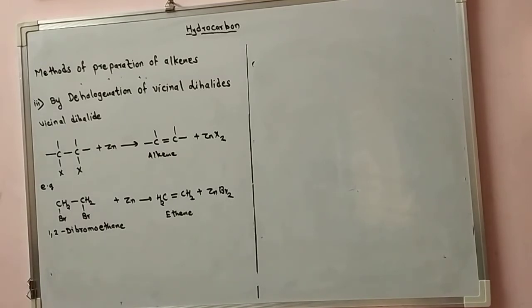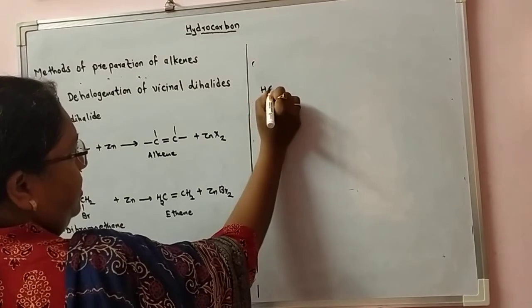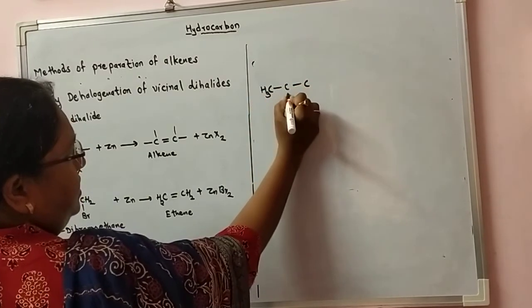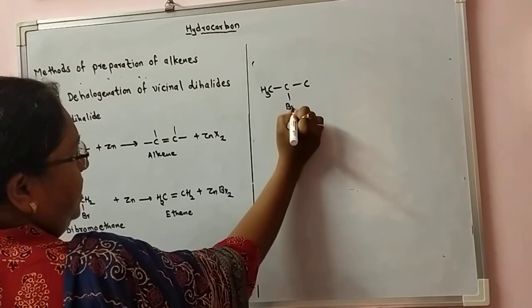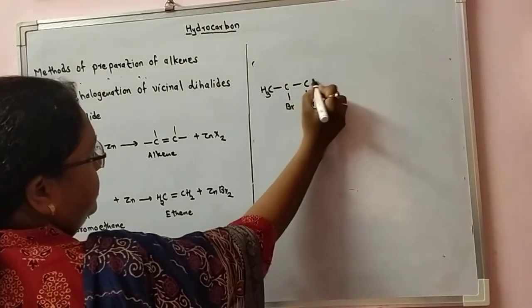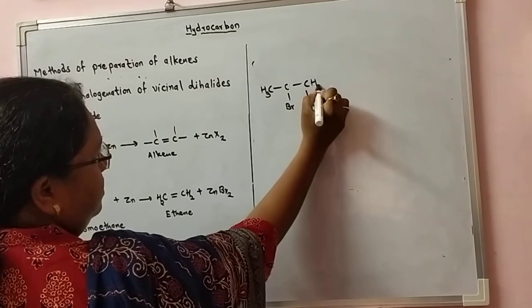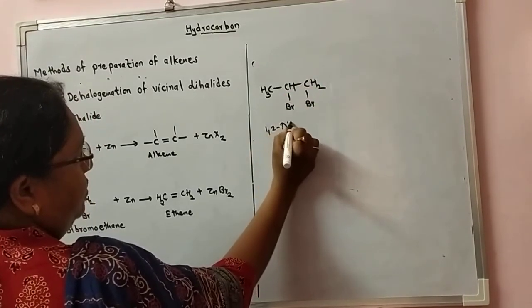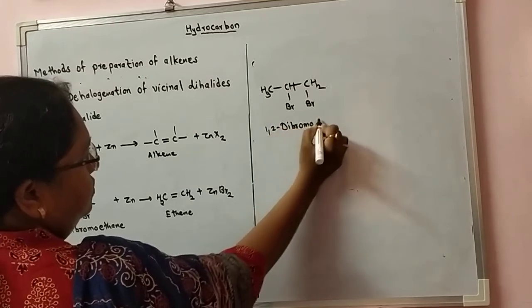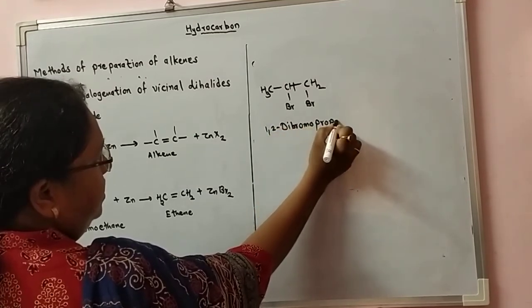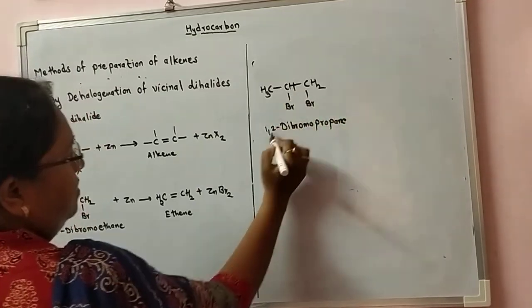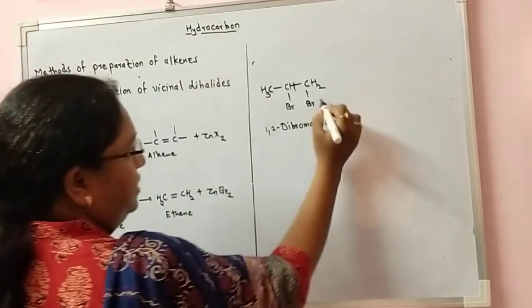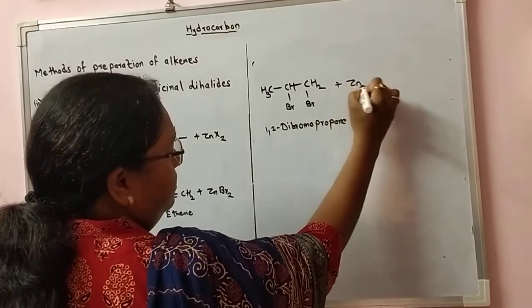Now let's see another example. If there are three carbon atoms, with bromine atoms attached to adjacent carbon atoms, this vicinal dihalide is 1,2-dibromopropane, as there are three carbon atoms and bromine is present at carbon number 1 and carbon number 2. This is the IUPAC name for the vicinal dihalide.